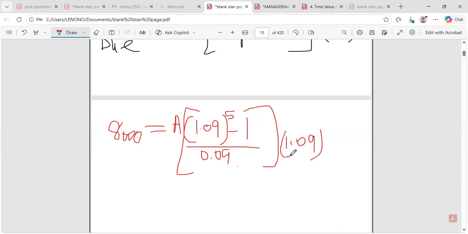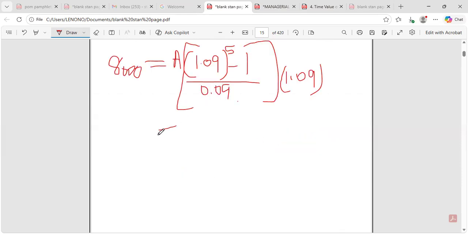So this one gives us 1.09 to the power 5 minus 1 divided by 0.09 times 1.09. So this side, we are going to have 6.5233. And then this is 8,000.